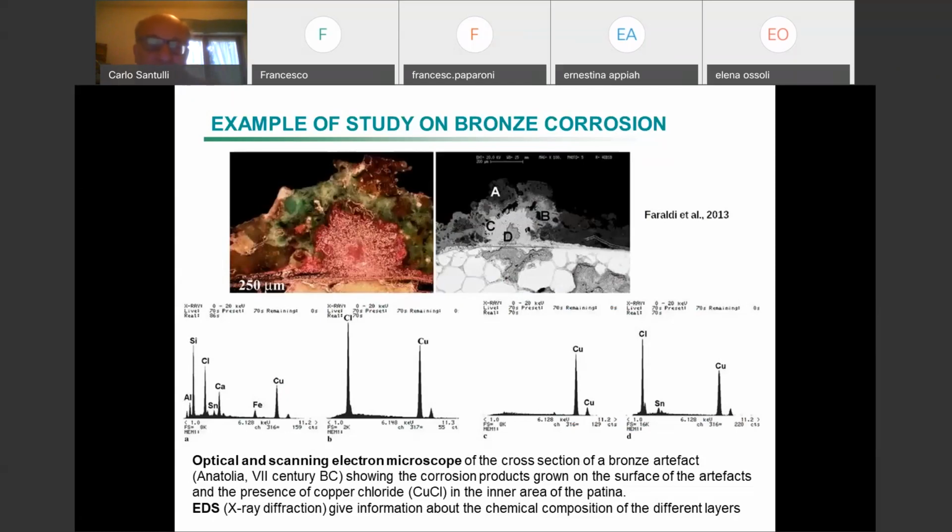In some cases, since it is bronze, you have copper and tin, that's fine. All the rest is doubtful.